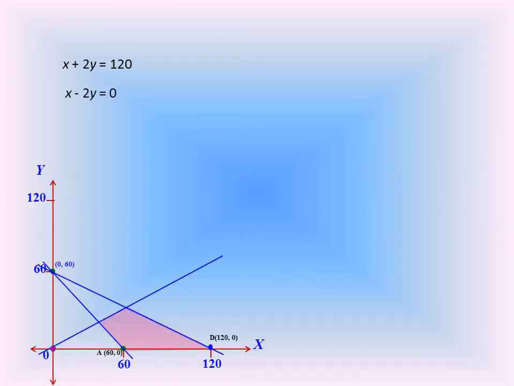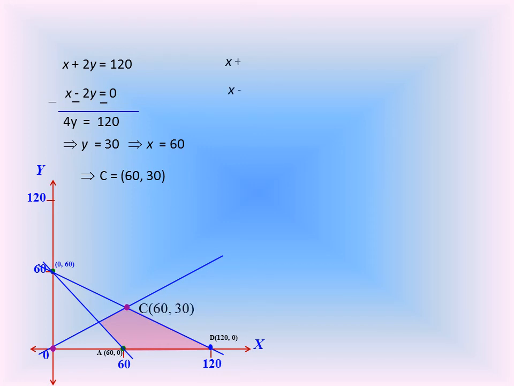For that, consider x plus 2y equal to 120 and one more line equation x minus 2y equal to 0. By subtracting, we obtain 4y equal to 120, hence y equal to 30. Therefore x is equal to 60. Therefore C has coordinates 60, 30.